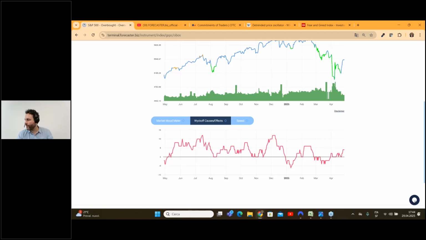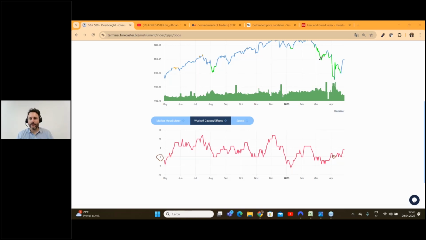So, for example, as you can see here, you have a zero line. When the indicator stays on zero, it means that exactly in that moment we have the same number of buyers and sellers. What is very important, we use these indicators like we always use all the technical analysis indicators.